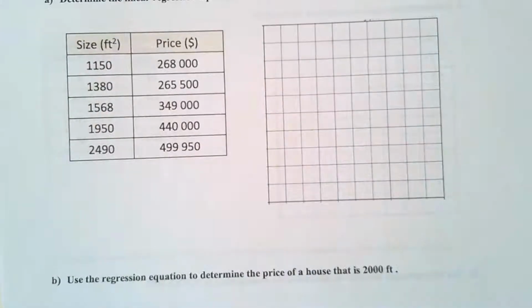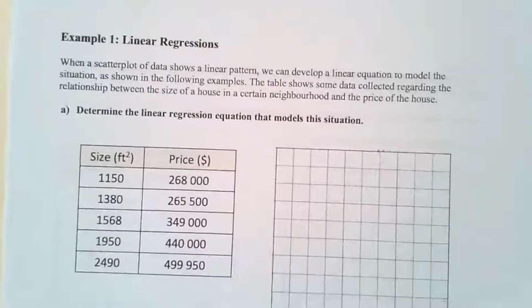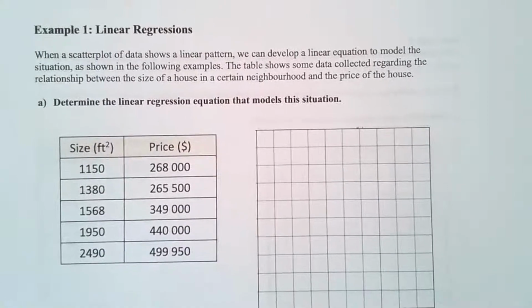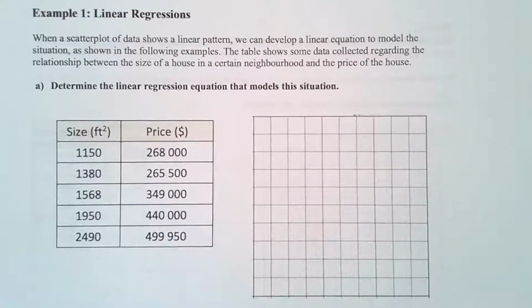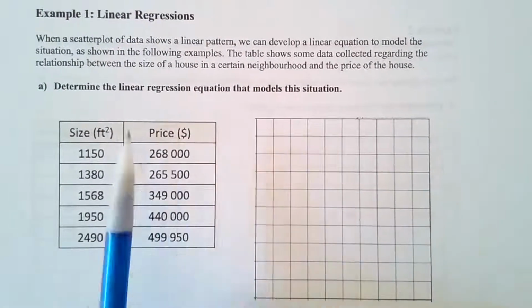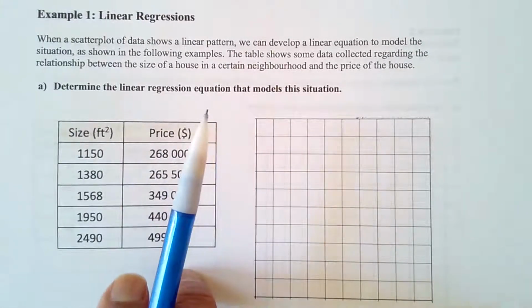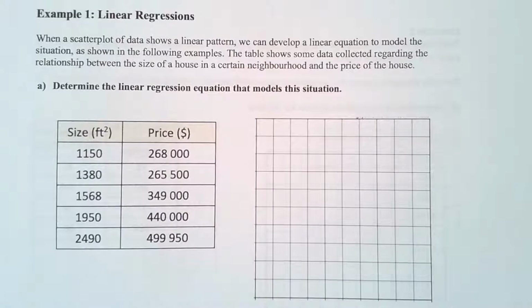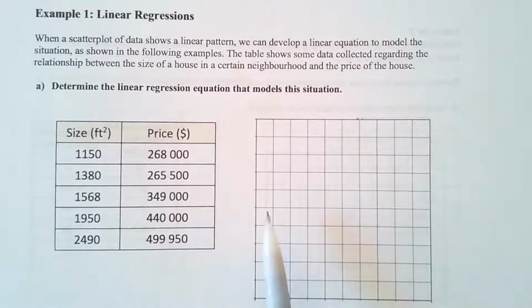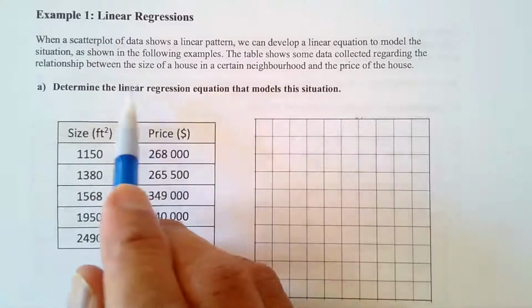Let's look at the first question. We're asked to determine the linear regression equation that models this situation. Here we're given a set of data in a table, and we're asked to find a linear regression.